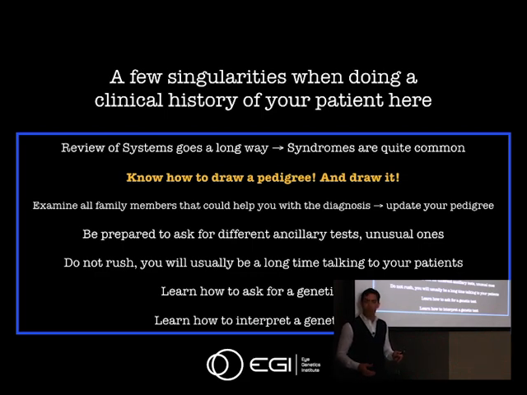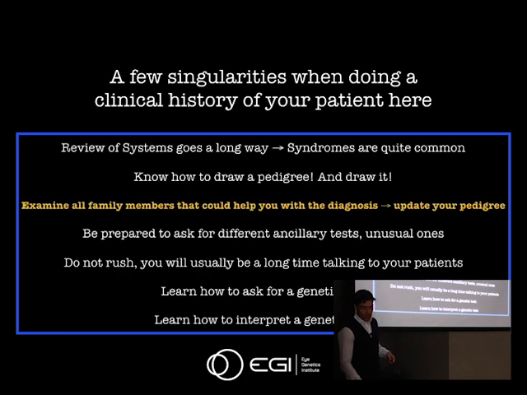Sometimes we know it, but when you do your history taking, you have to actually draw it and do it the right way, so that anybody that sees your chart will be able to understand everything that you made in your pedigree. All right.